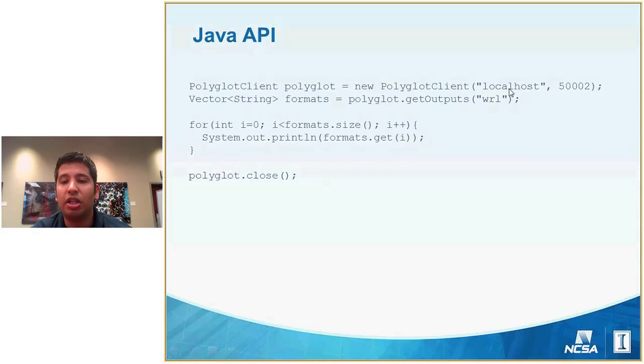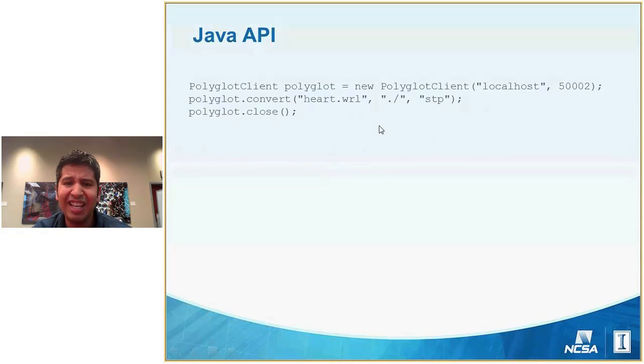So in this case here, I'm instantiating a Polyglot client, and I'm telling it to connect to a remote Polyglot server, in this case on the local machine nonetheless, but on this particular port. And I can query it for what formats it's capable of supporting for a given file type. So for example, get all the outputs that can be converted to from a VRML file.